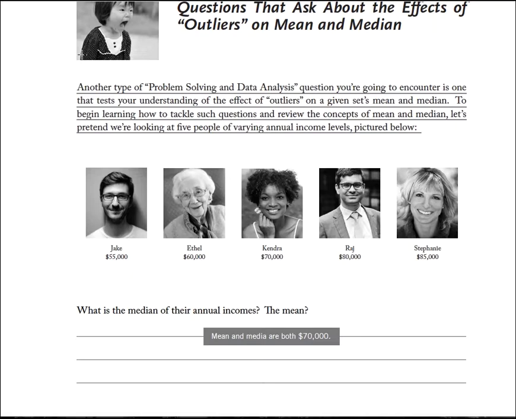Are these already in order in terms of their income from Jake up to Stephanie? Yeah, they are: 55,000, 60, 70, 80, and 85. They're already in order. So which person represents the median value here? Monique, you're right. This one is Kendra. Kendra would be the middle value, and she's at 70,000. So that would be the median.